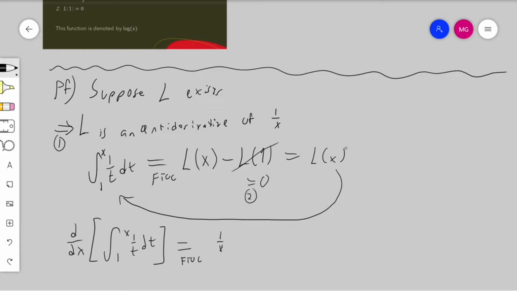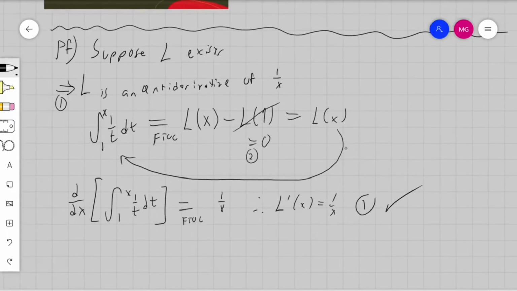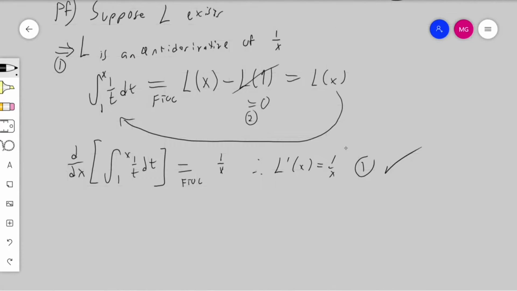This shows, indeed, that L prime of x equals 1 over x. So that's property 1 being satisfied. Second of all, is it true that when we evaluate at 1, we get 0? Let's plug in x equals 1 here. Obviously, this is going to be 0 because the lower and upper bound of the integral are the same.